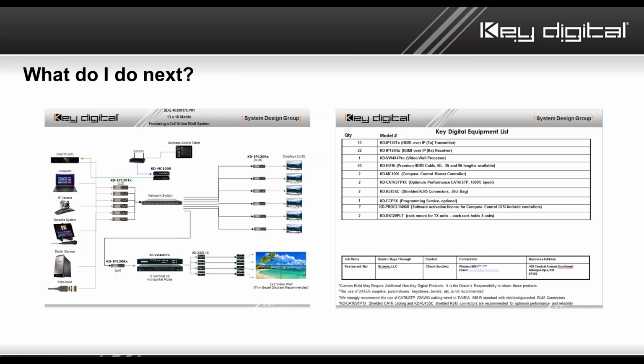So we had your 13 transmitters, or encoders, if you will, feeding the network switch. They had 18 individual displays, plus they had a video wall. Now remember that the 1080p product doesn't support video wall processing natively, but we were able to do that very cost effectively using our external video wall processor that we've had for well over a year now, the KD-VW4x4Pro.